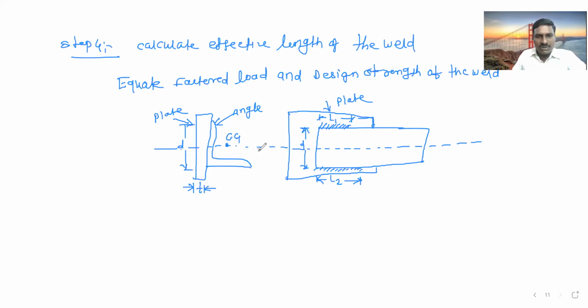Now from the bottom of the angle, the distance of the CG is Cyy. Are you getting? This distance is Cyy. If your figure is over, then tell me. Please draw the figure properly, whatever I have drawn here.